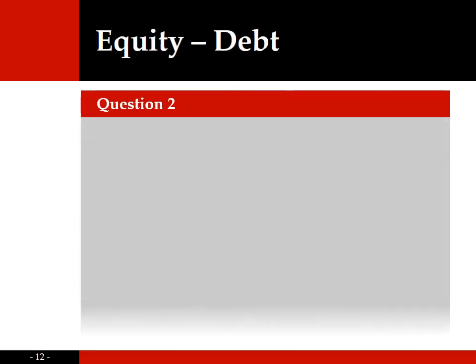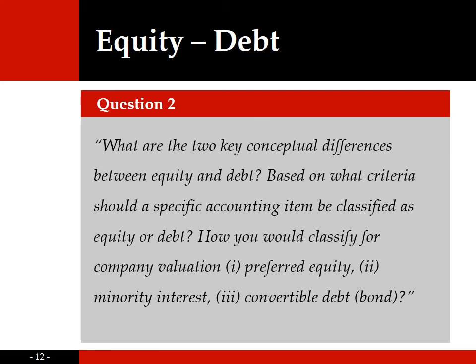And this brings me to my second question. It has several components. First of all, I want you to discuss the key conceptual differences between equity and debt. And you are most welcome to use the two dimensions, that is to say the cash flow rights and the control rights, and explain how they are different for equity and for debt.